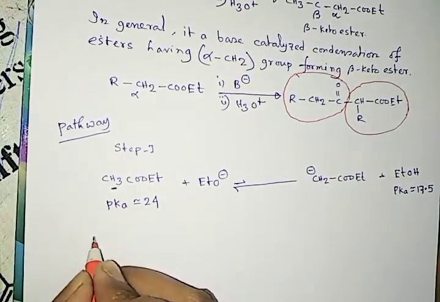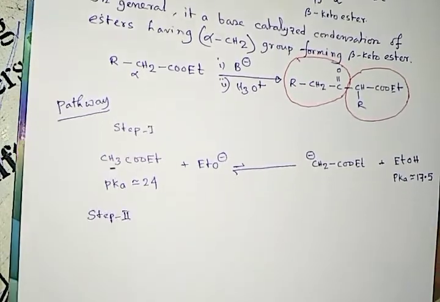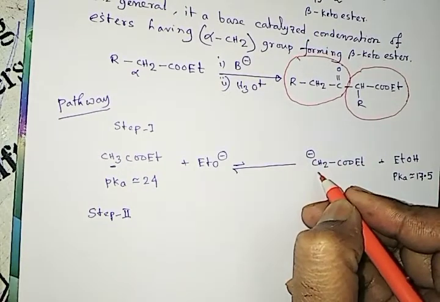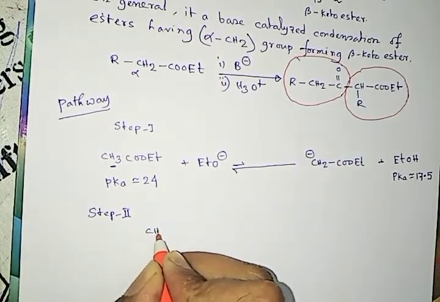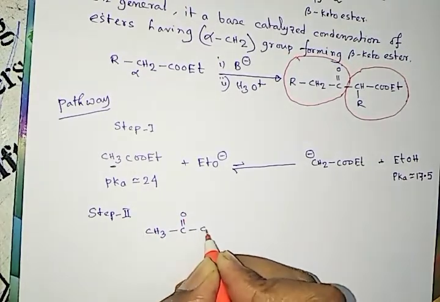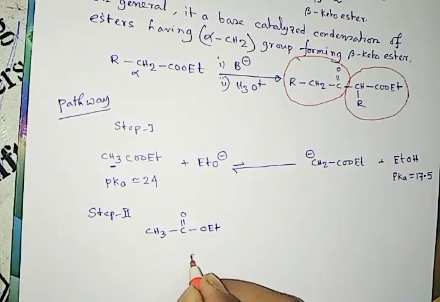In step 2, ethyl acetate gets condensed via this type of nucleophilic attack.